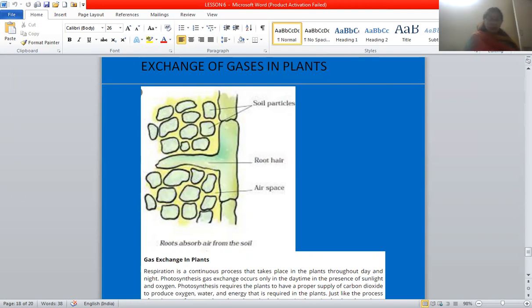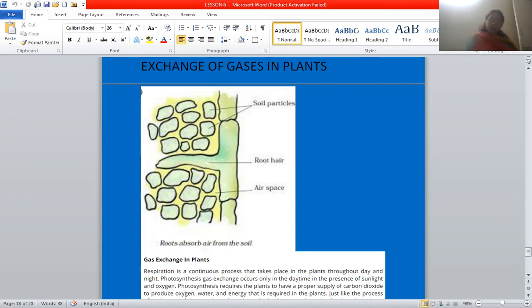Respiration in plants differs from that of animals in different respects. Different parts of the plant such as roots, stems and leaves perform respiration individually.